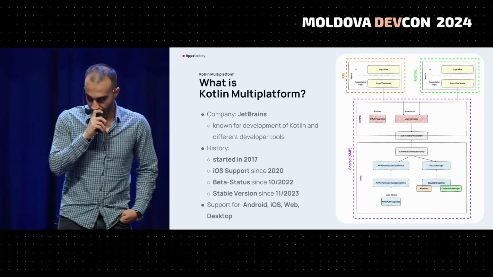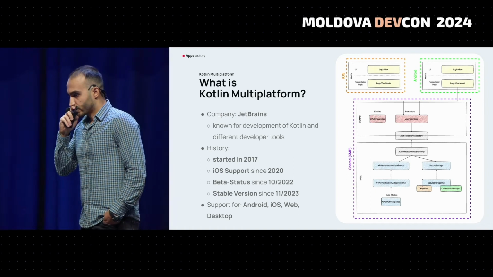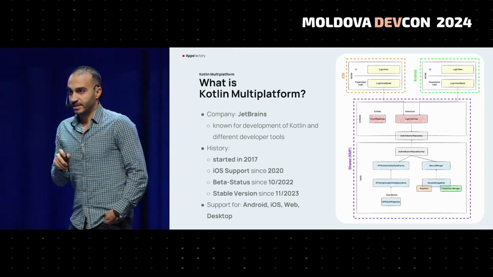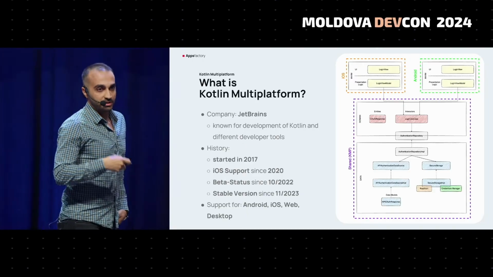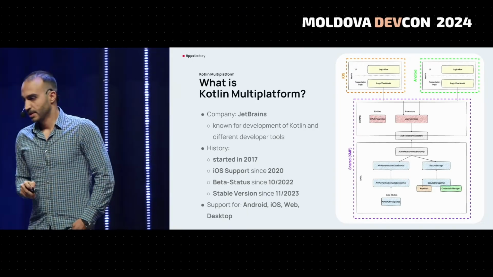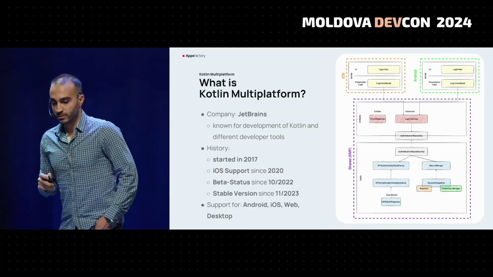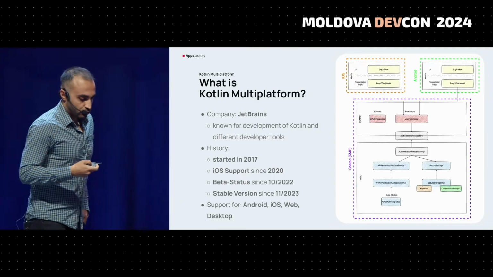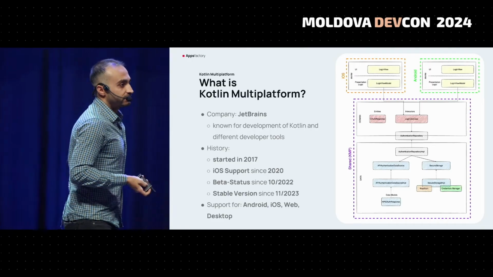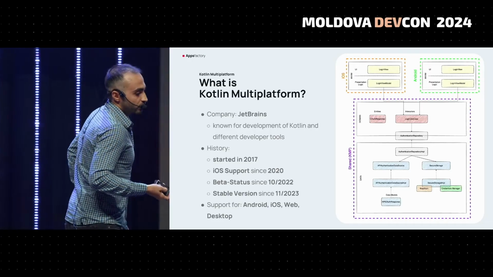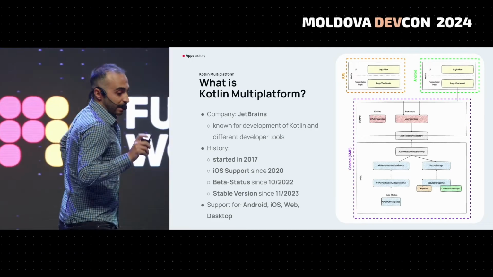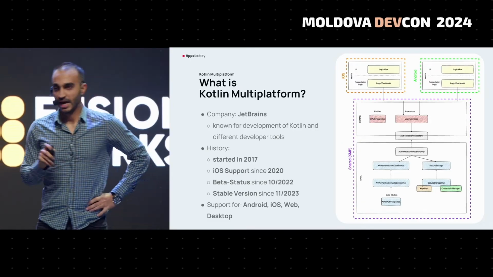So, what is Kotlin Multiplatform? It is founded and maintained by JetBrains, not Google. And we know JetBrains from the Kotlin language and other developer tools. They started to develop this technology in 2017, then they added iOS support, they added a beta version, and last year it got stable, and it got more popular.